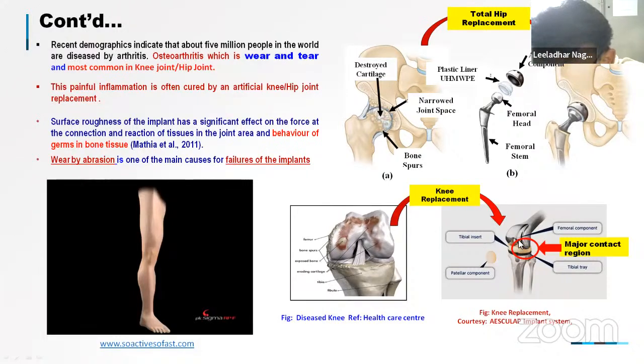If this is a rough surface, what will happen? These are the two joints. This joint will be continuously moving on this polyethylene cap. So wear and tear will occur, and ultimately this implant will fail. That's why the finishing action should be higher in this region.